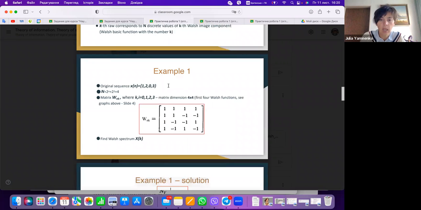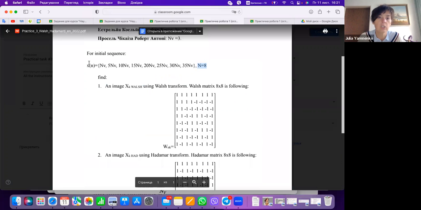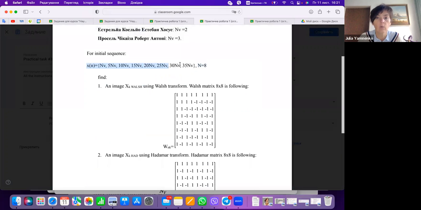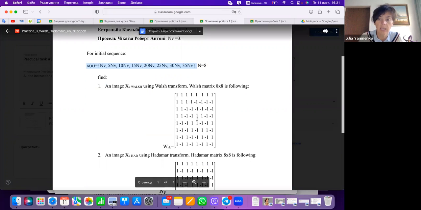The only difference between example number 1 and practical task number 3 that I'm explaining to you right now is the dimension, because in example number 1, the initial sequence consists of only 4 values. That's why the matrix used in the example has a dimension 4 by 4. But in your practical task, your initial sequence consists of 8 values. That's why you need to use the matrix 8 by 8.